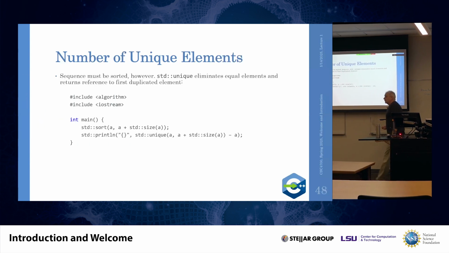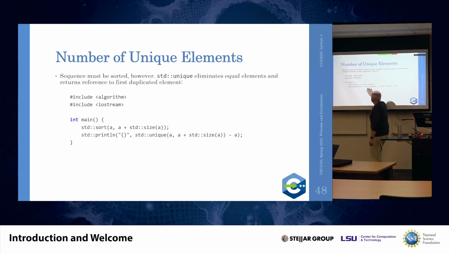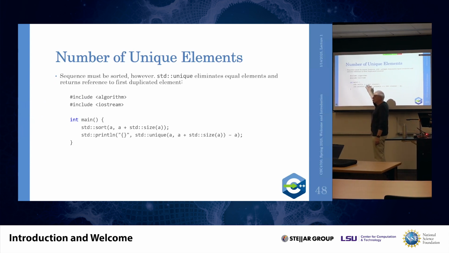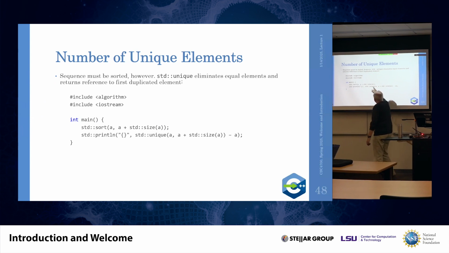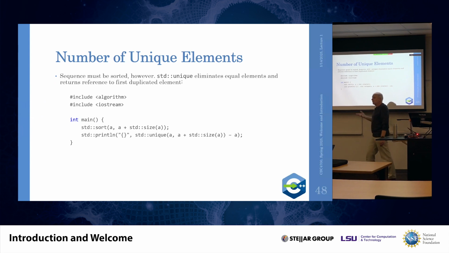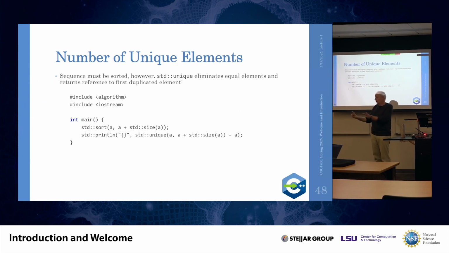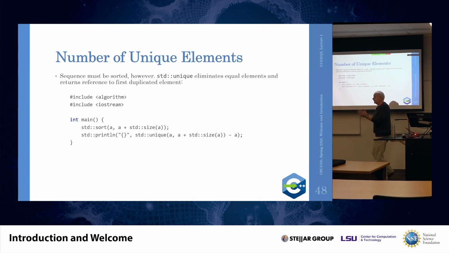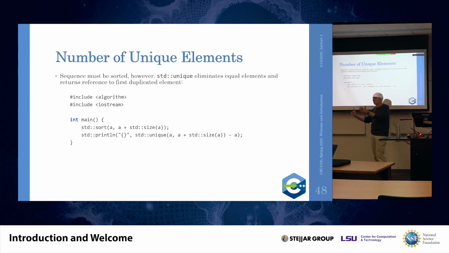And here's the correct solution. We sort our sequence, and then we use the algorithm unique with that sorted sequence. What unique does is reorder the elements in our sequence such that equal elements are next to each other. Okay? And it will give us the first element that is duplicated.